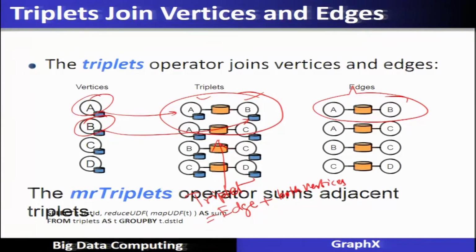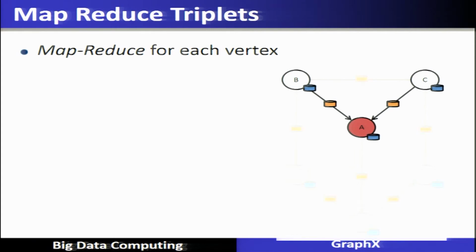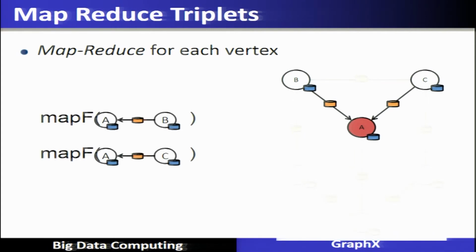The MapReduce triplet operator sums the adjacent triplets, which will be used in various graph algorithms. Let us see how MapReduce using triplets can solve some of the problems of graph analytics. For example, this vertex A wants to do a computation, it requires information from the neighboring vertices, and using the map function on this triplet, you can emit A1.